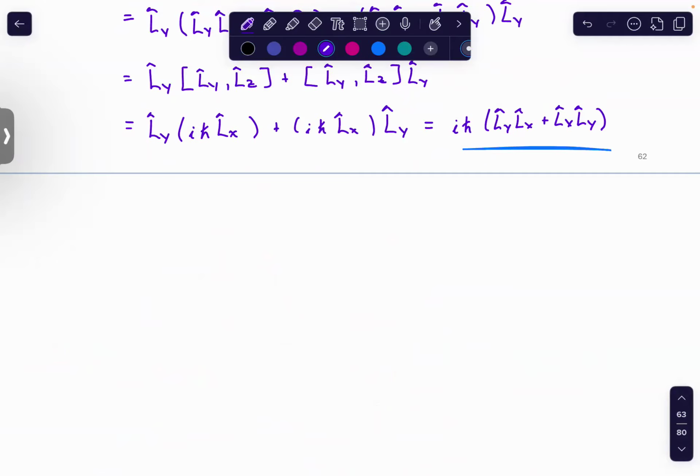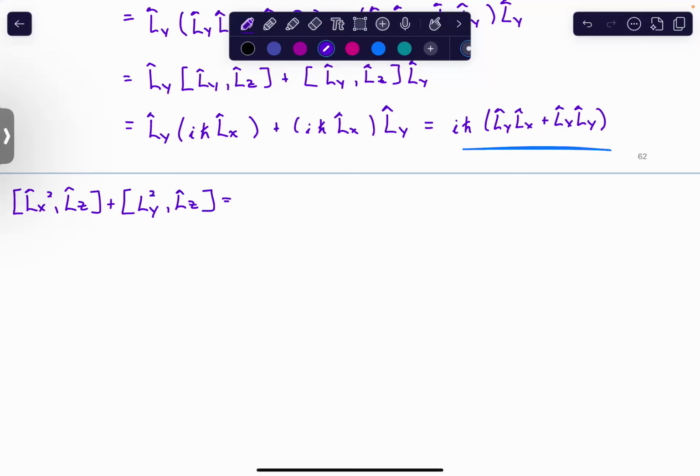So now, if we put in this term, you're going to get negative i h bar.